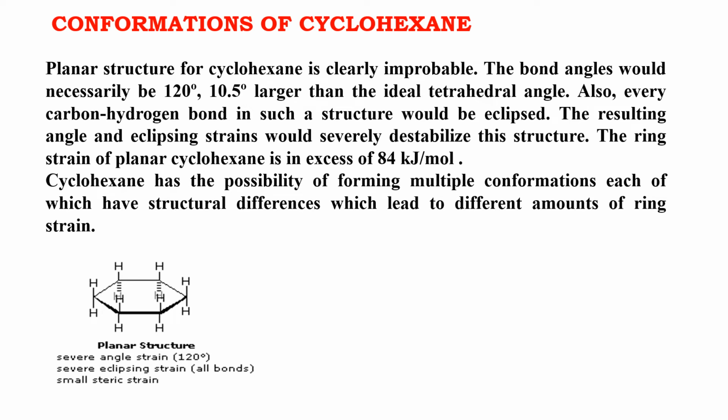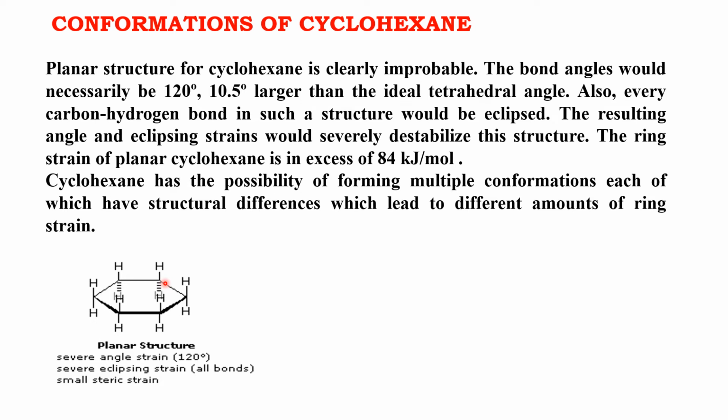Now we move to the conformations of cyclohexane. We know cyclohexane is a cyclic molecule, and by convention we consider it as a planar structure. It has 6 carbon atoms, and all the carbon atoms are sp3 hybridized.